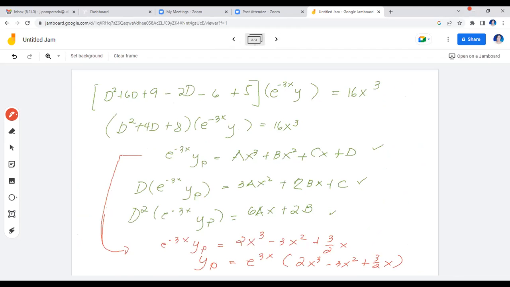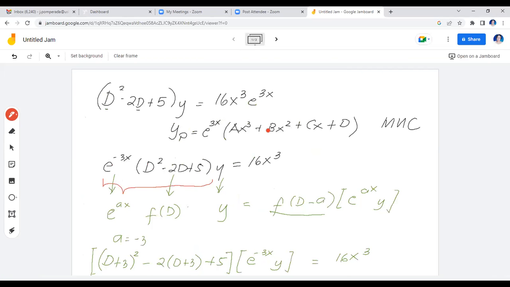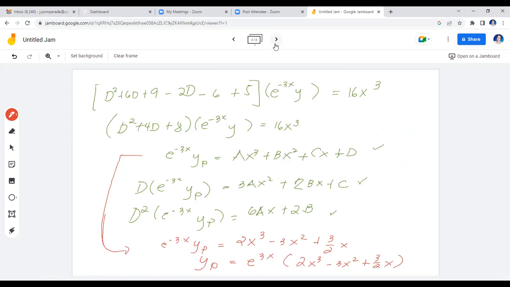So you see, your particular solution actually is the same in form as the original if you use the pure MUC process. So you already have the e raised to 3x and you have here the representation of your third degree polynomial. In here, we just use the exponential shift.